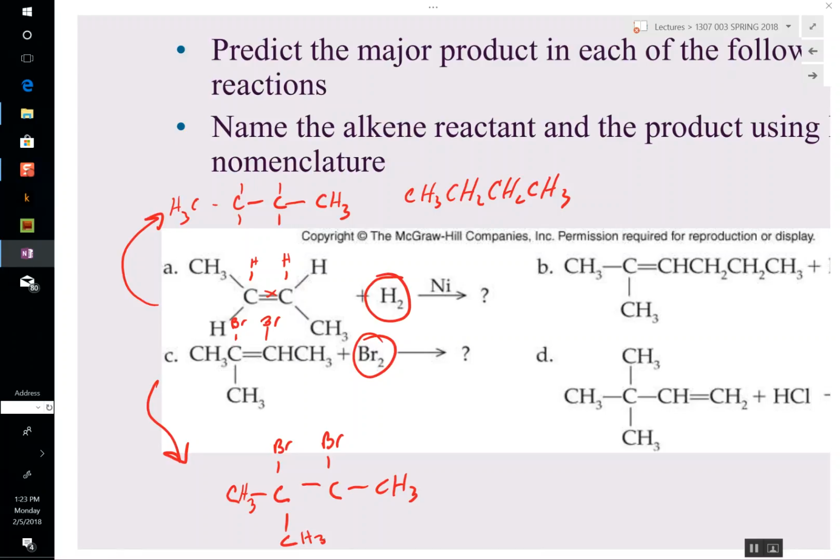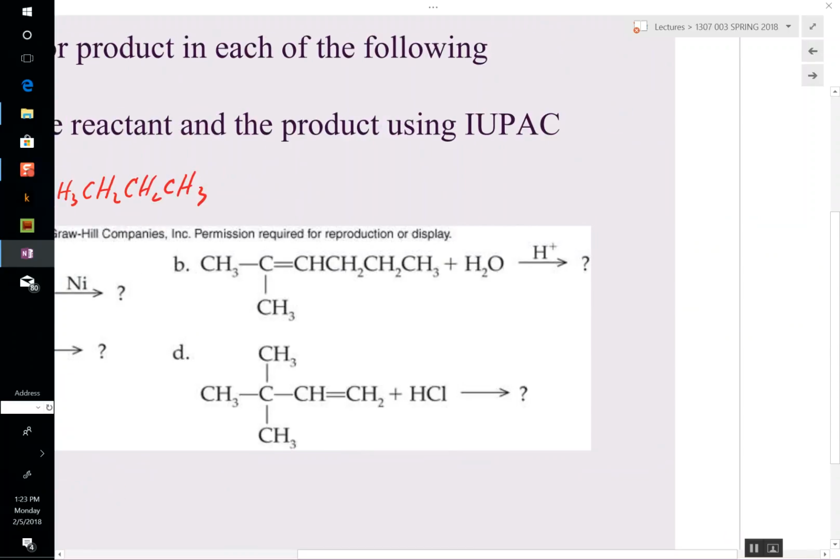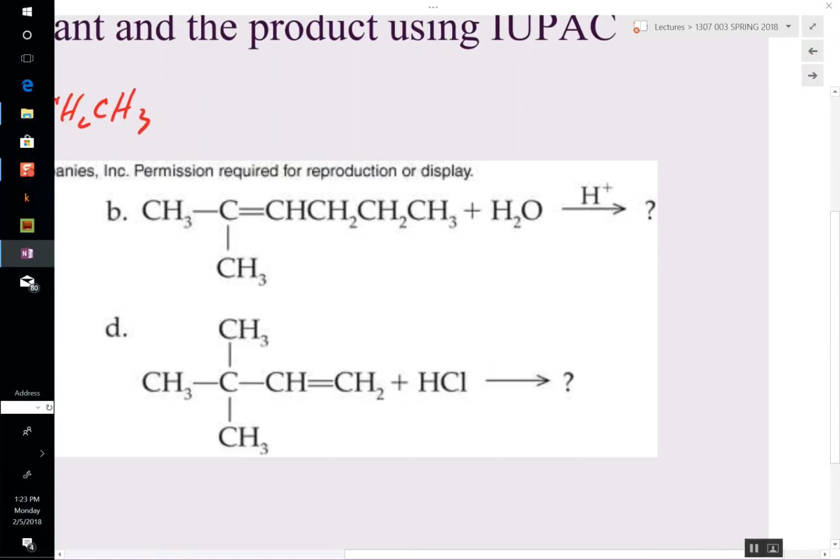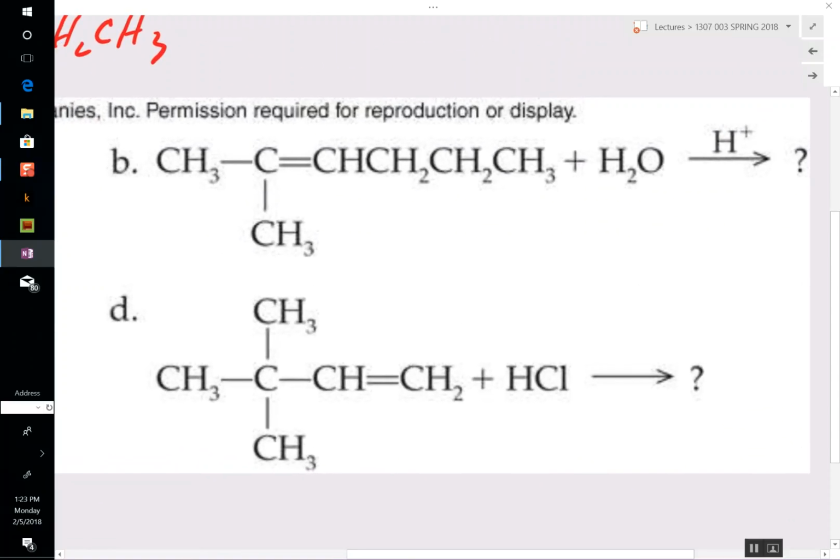You say, well, which bromine is that? It doesn't matter. One bromine goes there, one bromine goes there. They're identical. You get one product, so there's no major or minor. But if you come over here and look at both of these reactions, you do have unsymmetrical reactants.